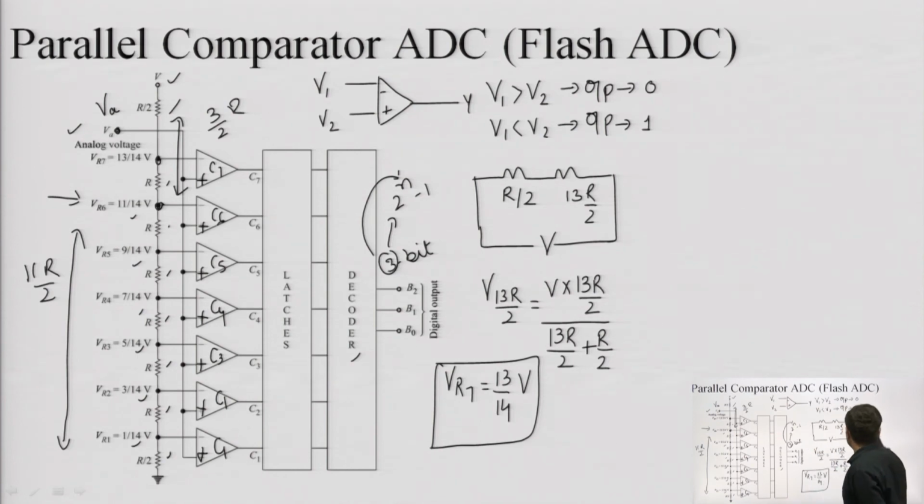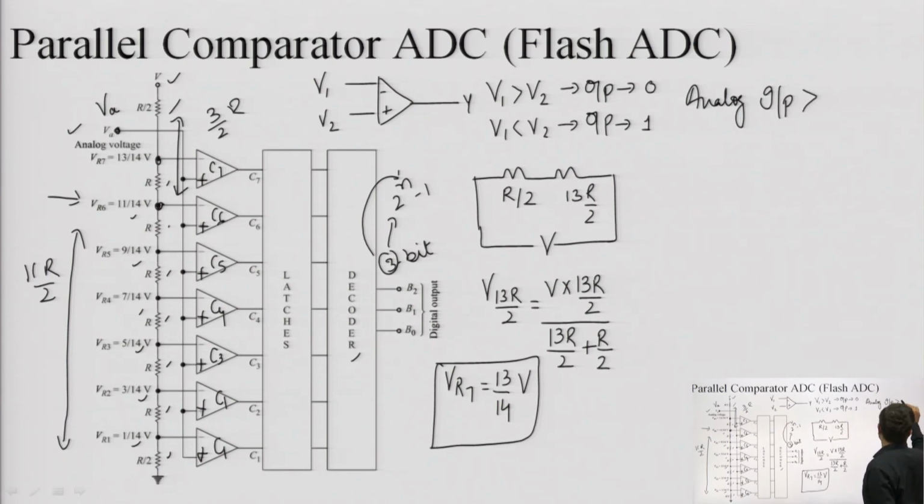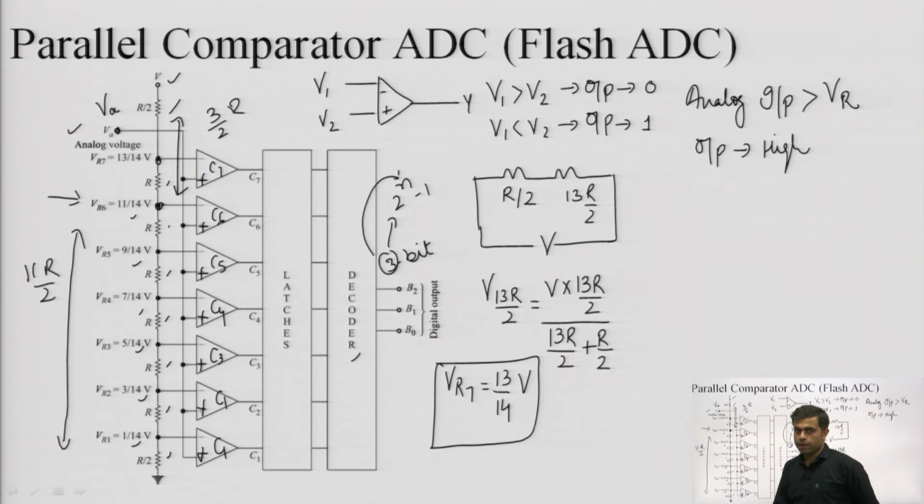So if that analog input is greater than the VR voltage, then output will be high. This thing we have to understand very carefully. The highest voltage among these voltages is 13 by 14 volt, and the lowest voltage is 1 by 14 volt.